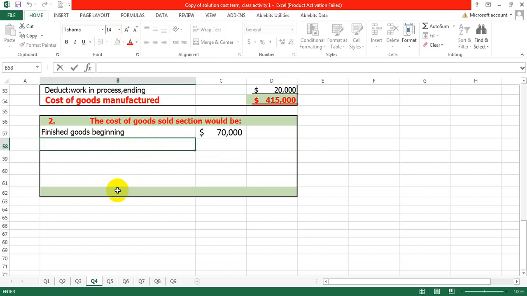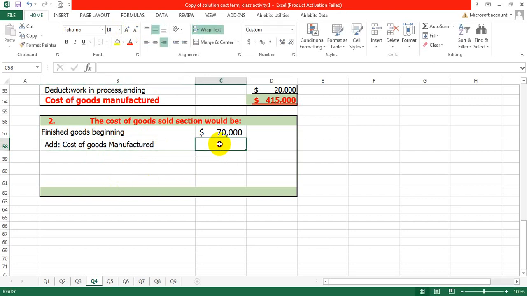Okay, we will add cost of goods manufactured. Cost of goods manufactured is 4,15,000. We have already calculated this value. You can select this value from here.